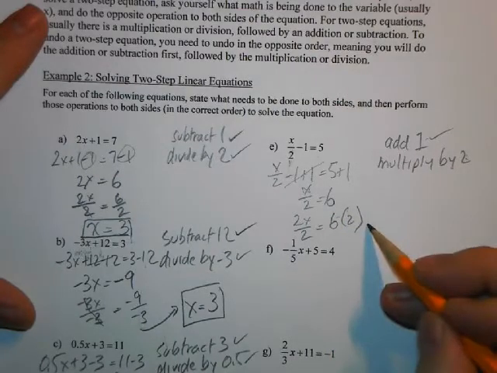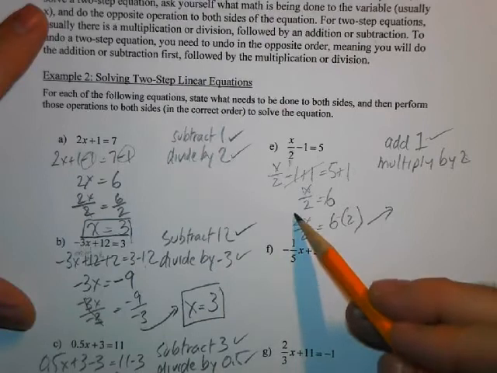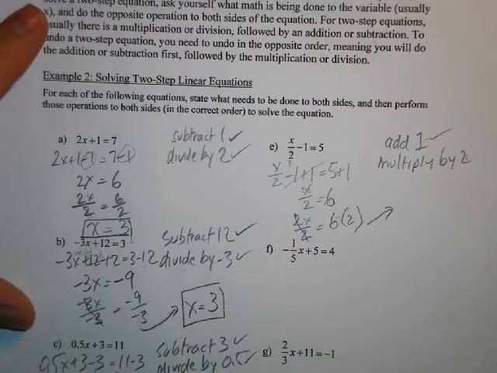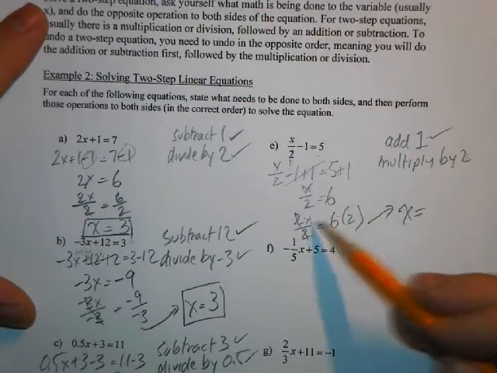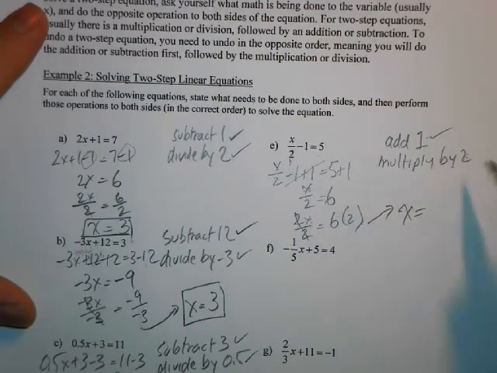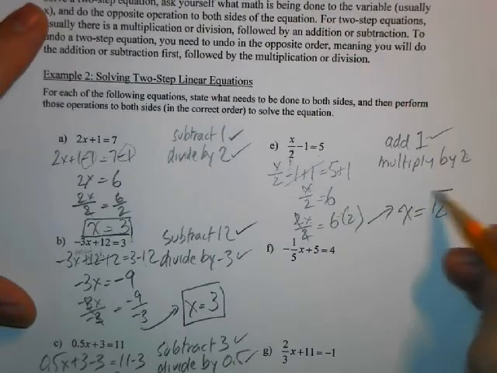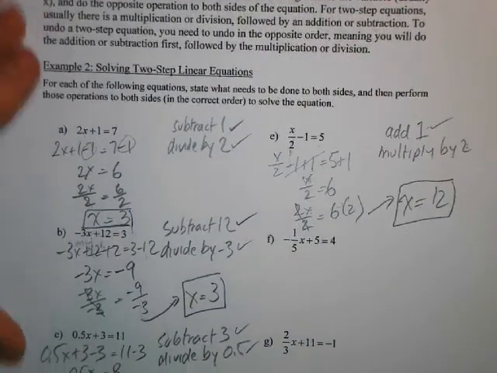Okay, and when I do that, you can see the 2's cancel. So I have x equals, these should always cancel, otherwise you did the wrong operation here. You should never end up with anything other than just x after the second step. And then we multiply the 6 and the 2 and get 12. And that's our final answer.